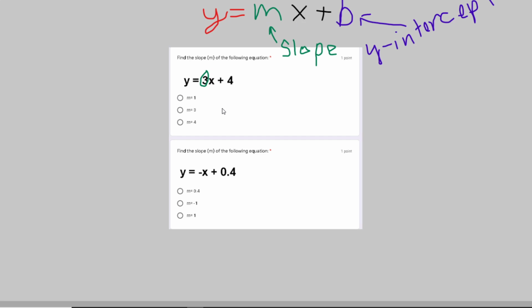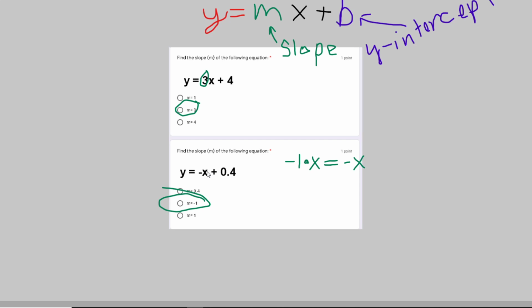So that means our slope m is 3. For the second one, there's just a negative in front of it. Well, a negative x means that the slope is -1, because -1 times x is actually the same thing as -x. So this would be -1.